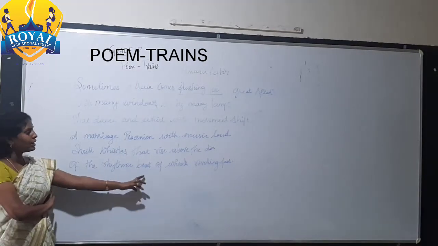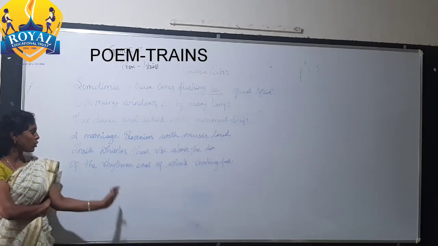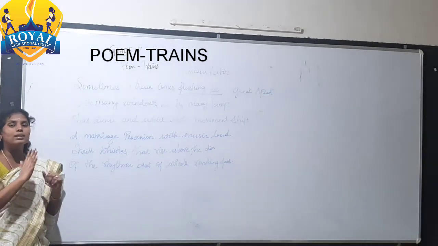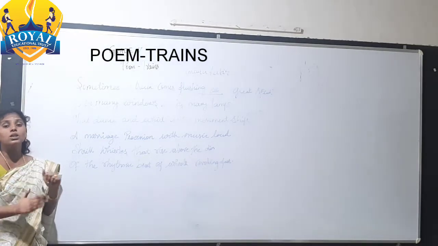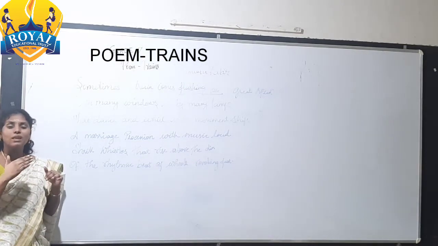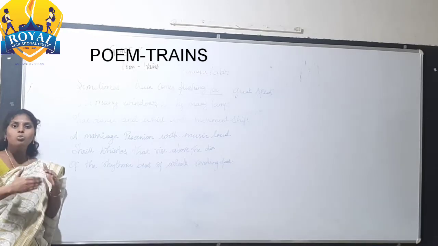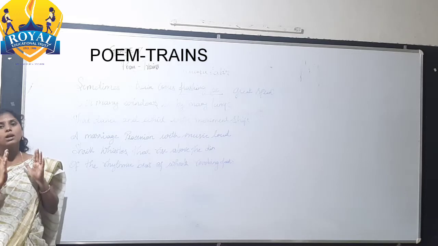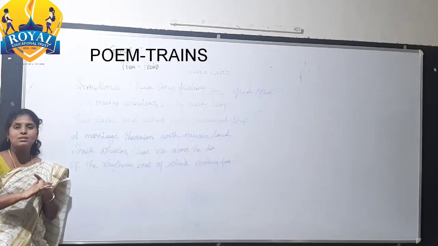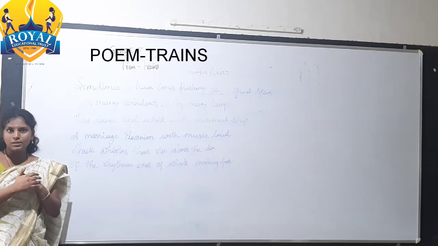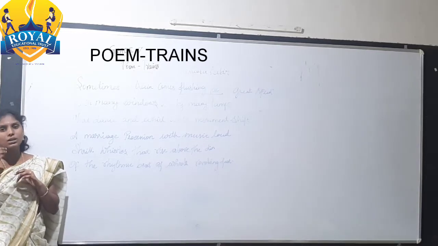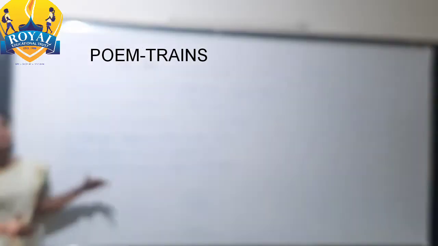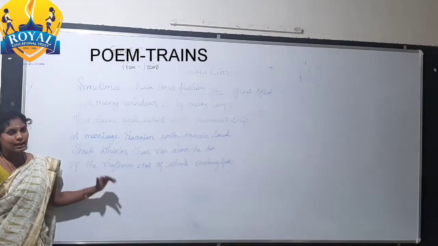The rhythmic beat of wheels revolving fast means the wheels revolve, and with the flashing past, the great speed, the sound comes like a rhythmic beat. So the poet compares the passenger train to the wedding procession, with the rhythmic beat of wheels revolving around the train. So this is the second stanza.